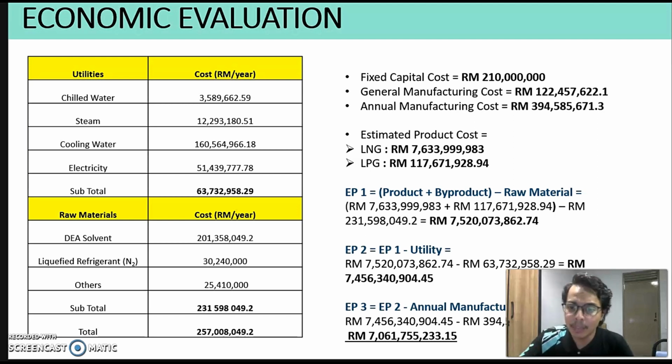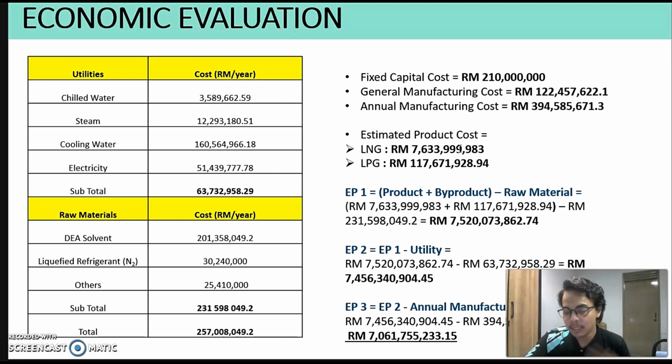The fixed capital cost is 210 million ringgit, and the general and manufacturing costs are 122 million and 394 million ringgit respectively. The estimated product value that we are planning to produce is around 7 billion ringgit per year for LNG, and around 117 million ringgit for LPG.